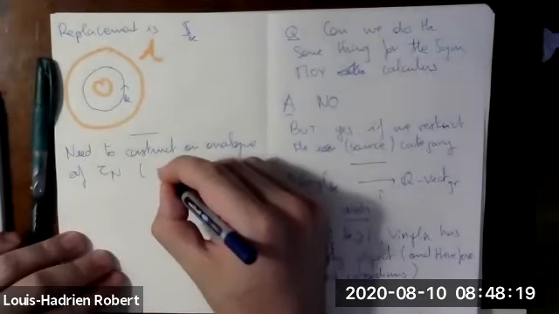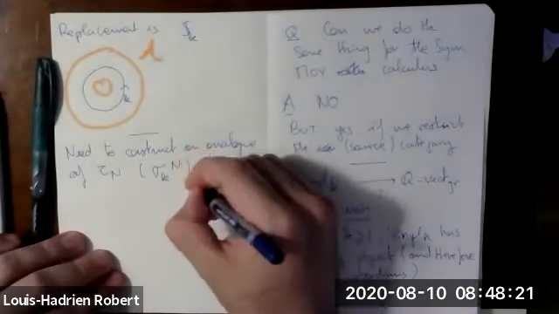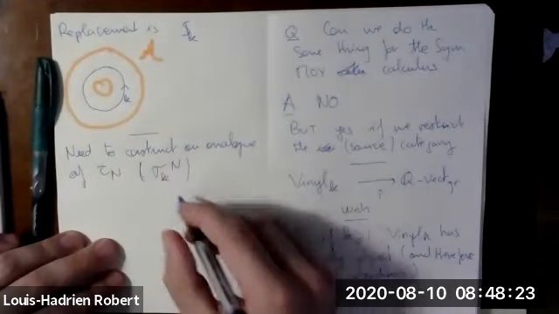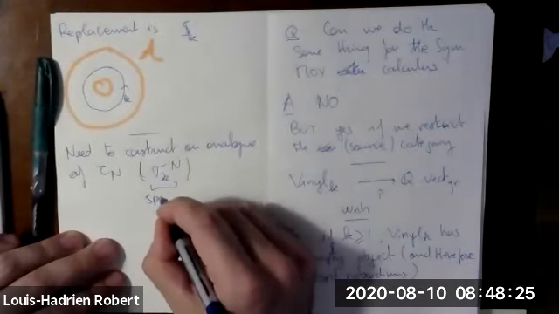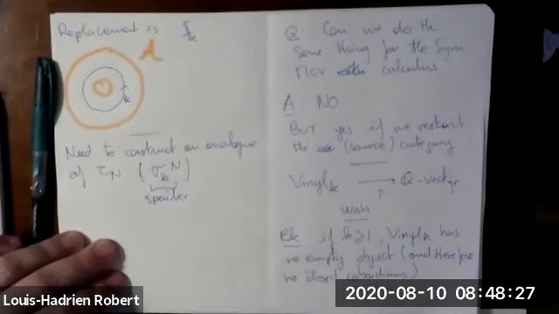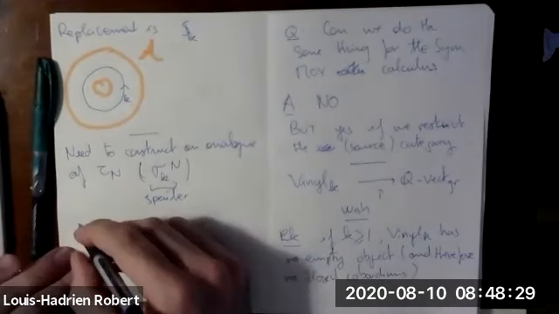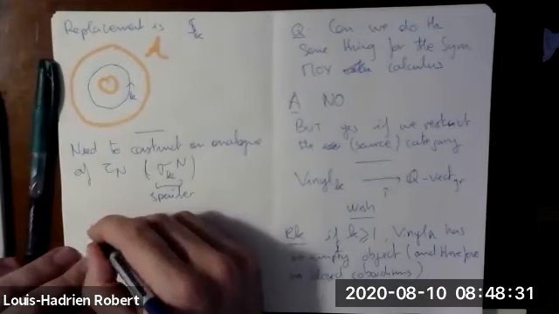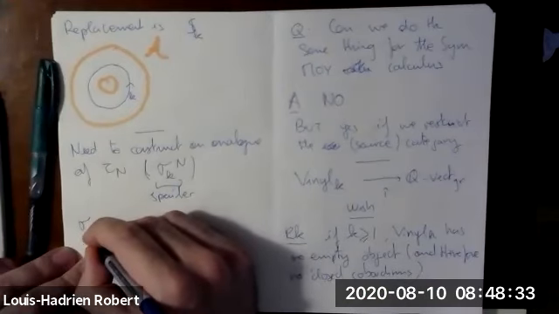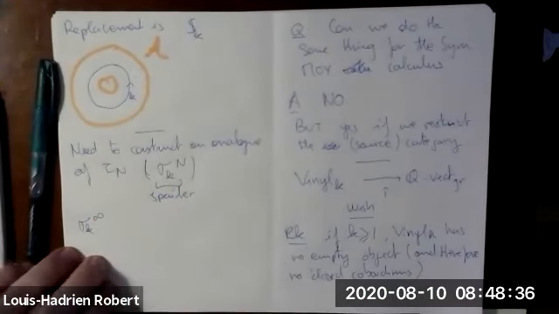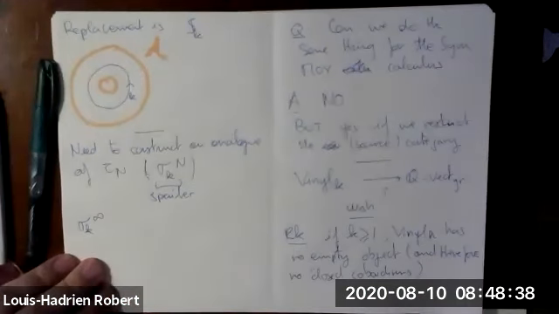And this will be denoted this. So this is a spoiler. This will be my replacement. For the moment I will cook up something like this.